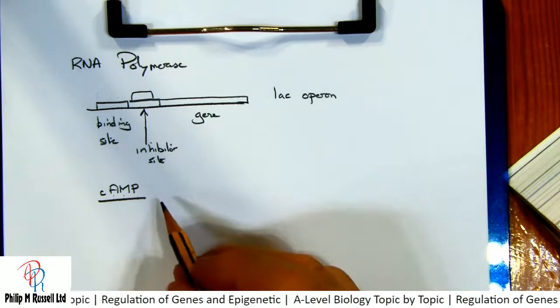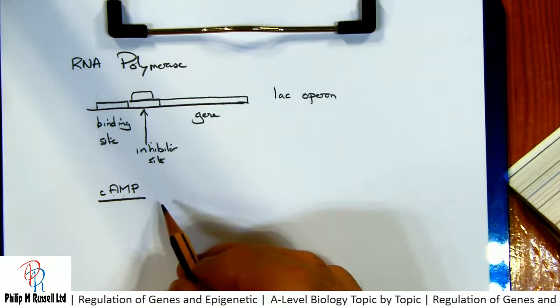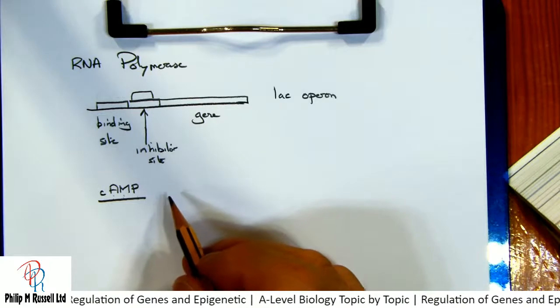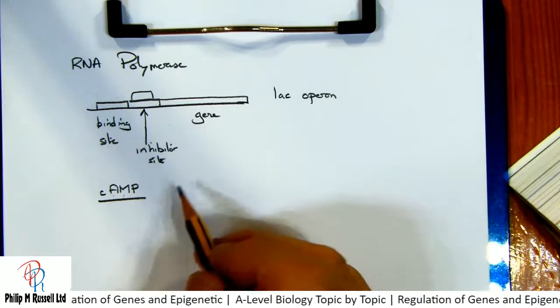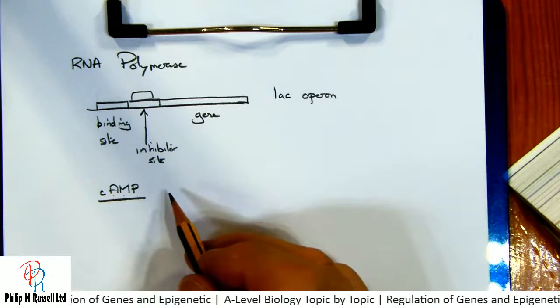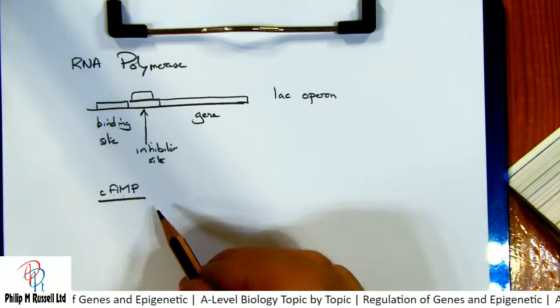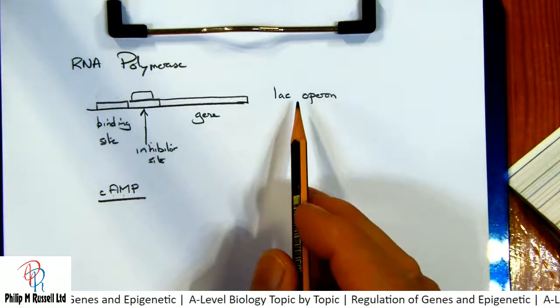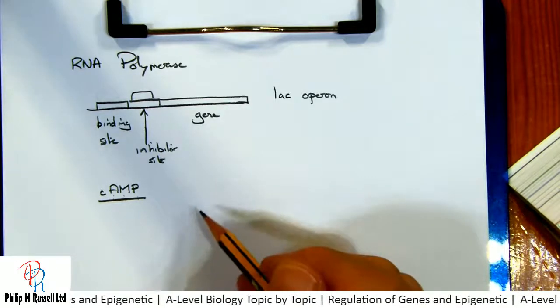So if both glucose and lactose are present, then there's still going to be glucose, and that's the preferred respiratory substrate, and that one's going to be metabolized. If there isn't, then we have a need for more lactose to be broken down into glucose and galactose.